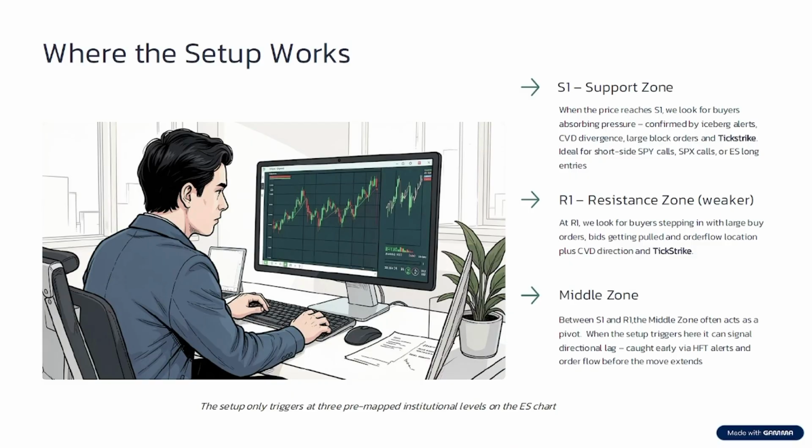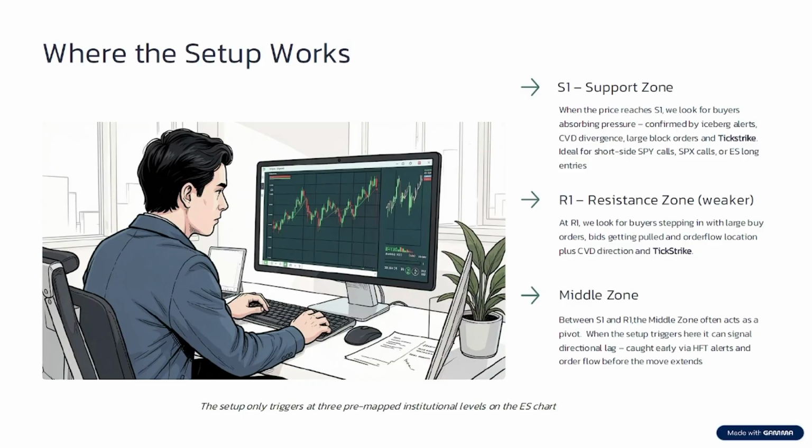This is ideal for SPY calls, SPX calls, or ES long entries. R1 resistance zone. These are considered weaker in probability since we are already at the top area, so these should be considered lotto trades. At R1, again, we look for buyers stepping in with large buy orders, bids getting pulled, and order flow location, plus CVD direction and Tick Strike.